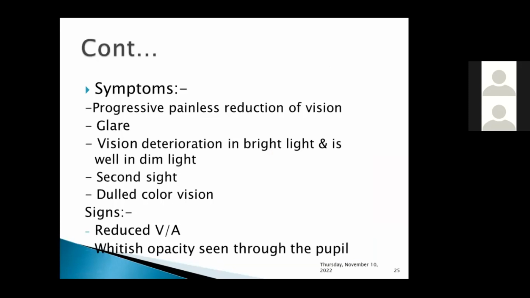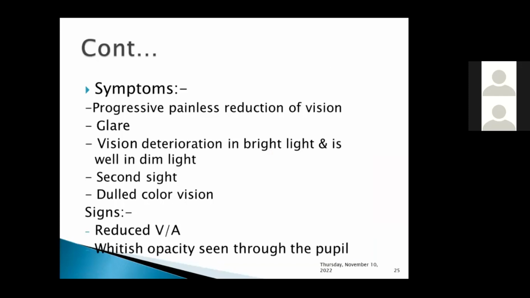So what are the symptoms of cataract? Progressive painless reduction of vision. Sometimes, especially those with cortical cataract, may experience glare. So they may complain of deterioration of vision in bright light, because the normal response of the pupil to bright light is constriction.